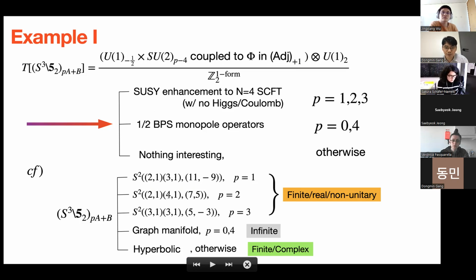So this explains why we have the N equals 4 CFTs. And the P equals 0 case is an infinite type, and this explains why we have half-BPS monopole operators. Otherwise it is hyperbolic, and hyperbolic always corresponds to finite and complex, which corresponds to CFTs.